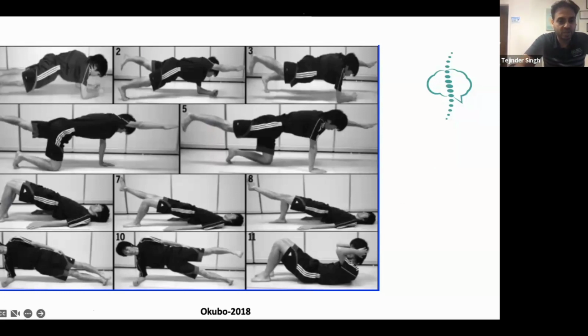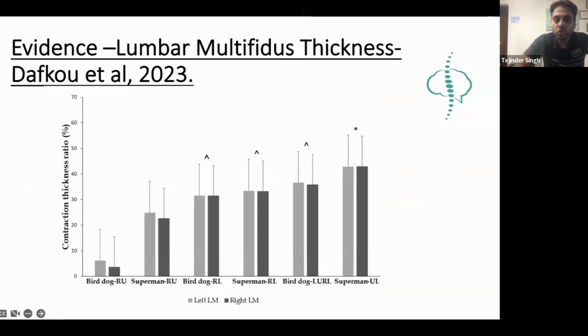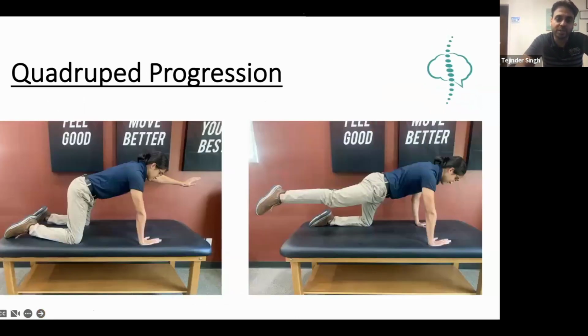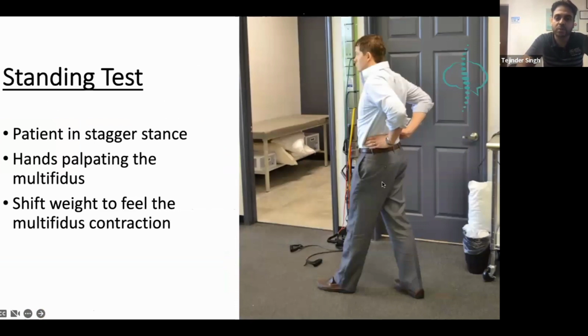If you have geriatric patients, you'll have to find some other exercise, maybe like standing shifts. Those are not the most preferable exercises, but yes, standing shifts can actually help you activate. So the test we did could also be a treatment.